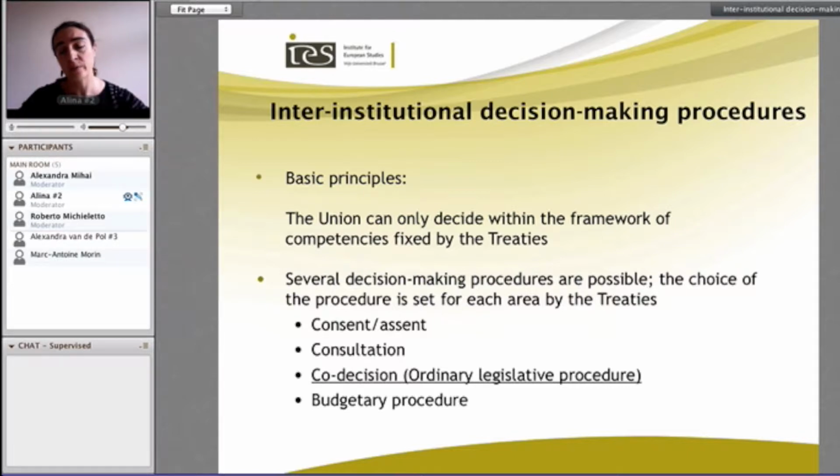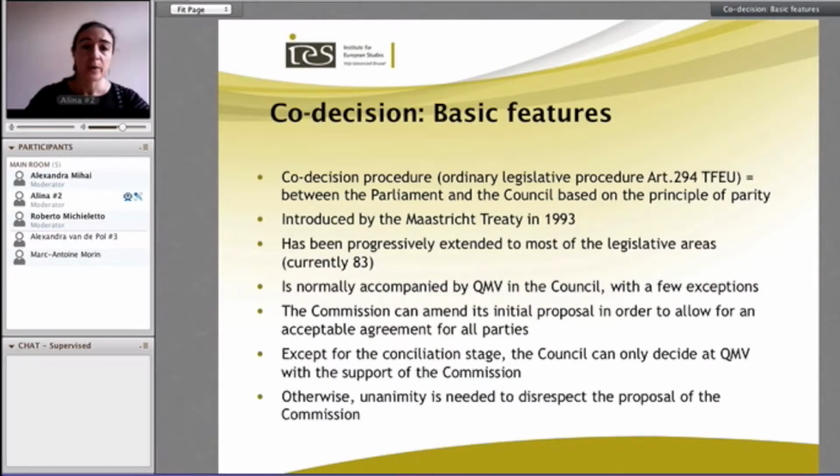The only thing that you have to remember here is that we have basically three to four procedures that are important, and what changes from procedure to procedure is the position of the European Parliament. The Council remains the strongest actor, and the Parliament is either on equal footing with the Council or is in a weaker position.